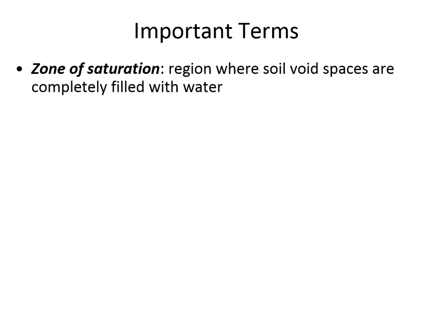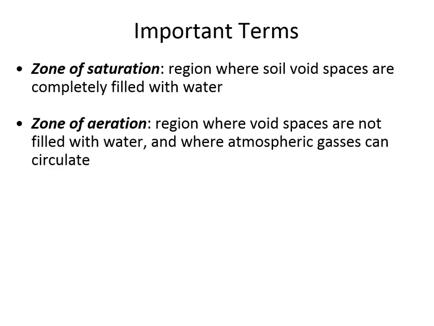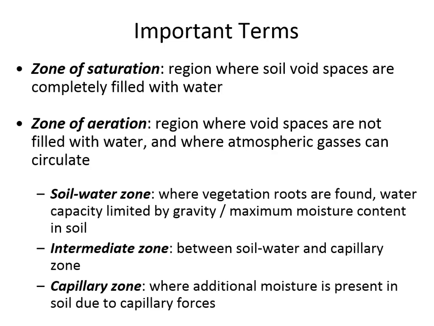If we break it up very broadly, the zone of saturation is where all the void spaces are full of water. The zone of aeration is where there is some air in the void spaces. And we can break the zone of aeration into different regions based on the effect of the surface in the root zone, where we know that the temperatures are going to be elevated and water is being taken up by the roots of plants.